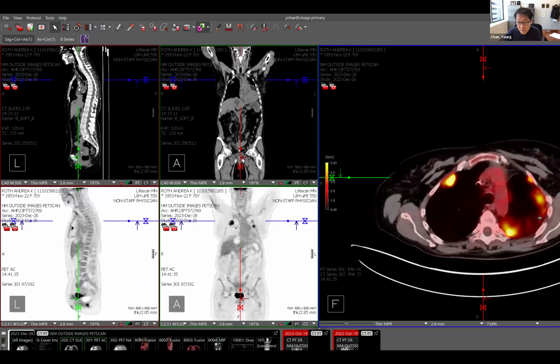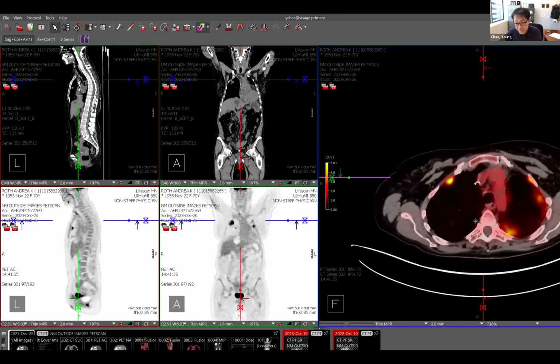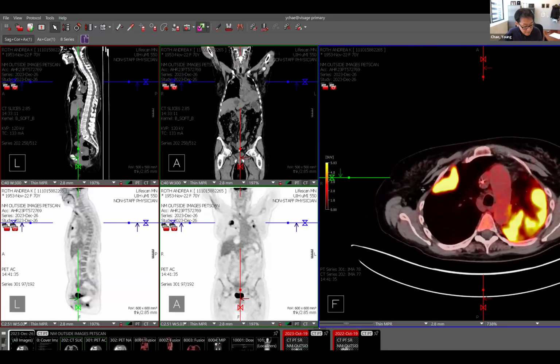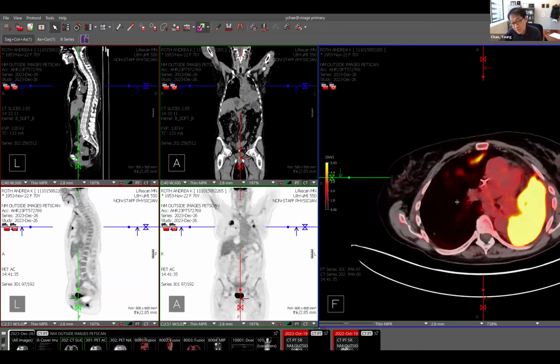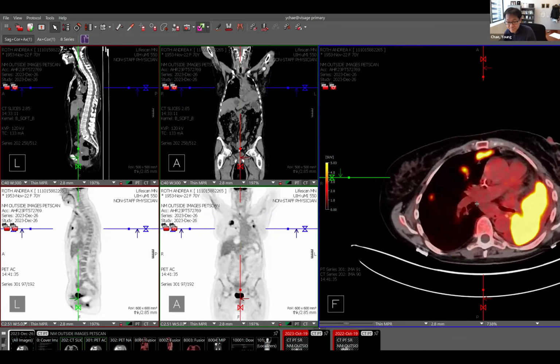So left side, this is the largest tumor. This was measured 12.3 centimeter, this tumor. And probably this tumor is measuring 6 centimeter. And everything else, these are small nodules.